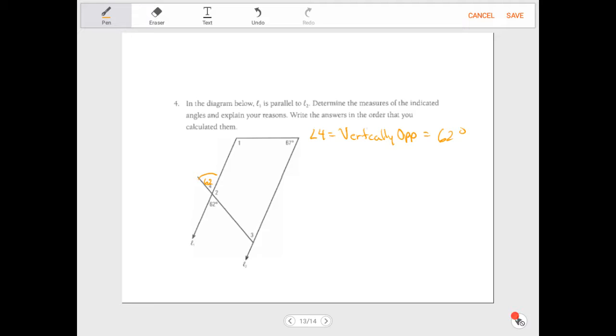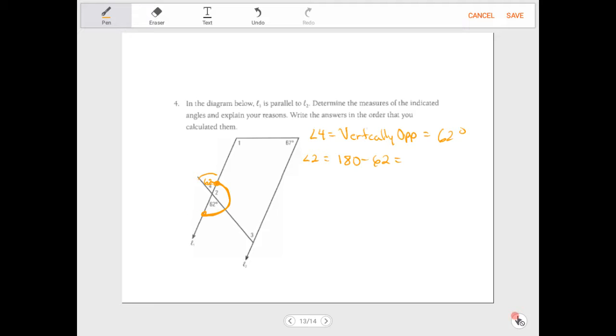Let's see here. We could figure out right now, we could do angle 2, I suppose. It doesn't matter where we go from, I'm going to go from down here. We have that straight angle rule, the semicircle, 180. So you just simply go 180 minus 62, and that will give you the measurement there.